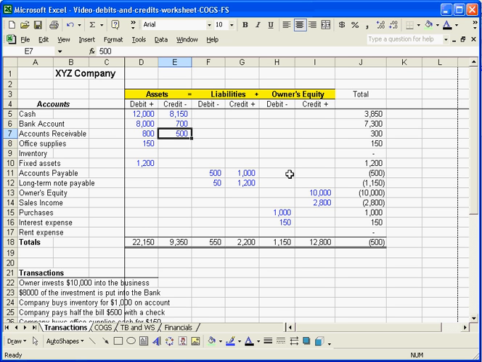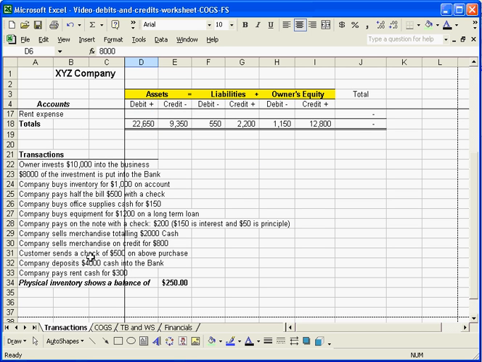Now, even though they paid with a check, we're going to consider the check a liquid asset and consider it cash for now until we actually deposit it in the bank. And so here we are going to put another $500. Okay, so our cash is increasing and the asset accounts receivable has decreased, and it went from 800 to $300. Not bad. We're doing good so far.